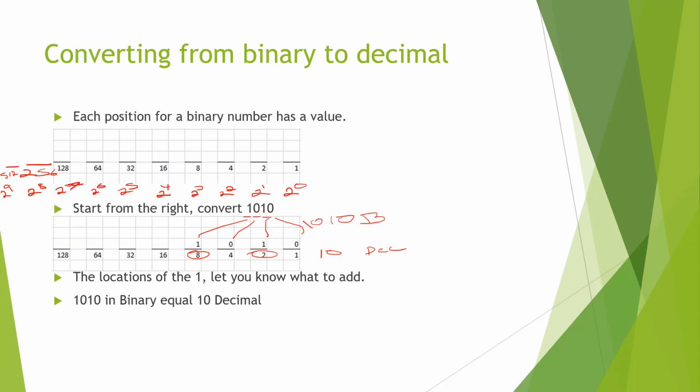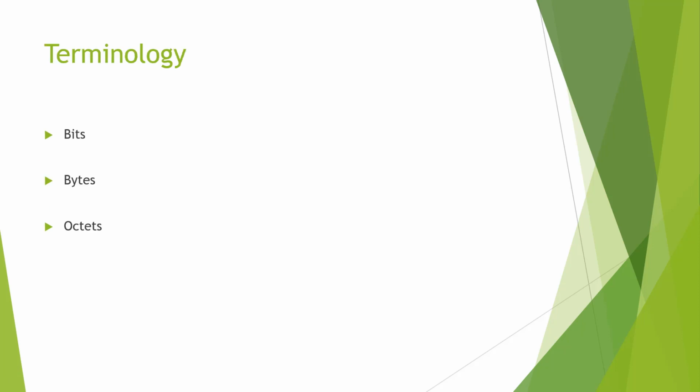So we need to learn some language. If we are talking networking, we need to know at least 3 basic terms when we're talking our conversions. Bits. Bits are the smallest number that can be represented. In binary, bits are the 1s and 0s. And in reality, bits are what we're sending down a medium. It is going to be the electrical signals, on, off, things of that nature. Bytes are actually groups of 8 bits.